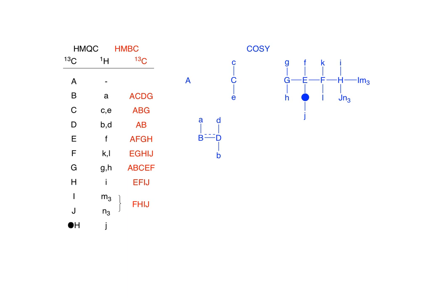On the left, we have a table showing the one-bond HMQC correlations between carbon-13 and attached protons, along with the 2-bond and 3-bond correlations from HMBC, colored in red. In blue are 4 fragments, including the 2 spin systems established by COSY. And now we can begin putting things together.